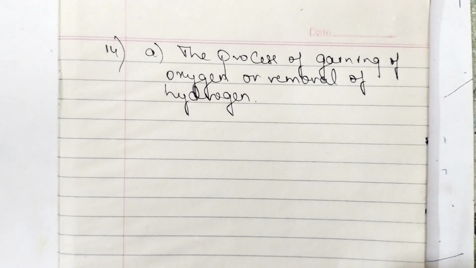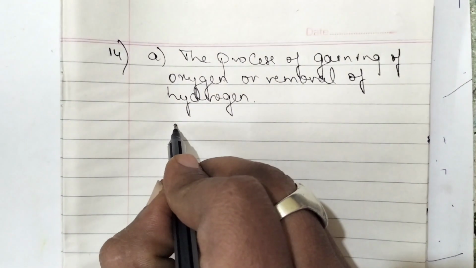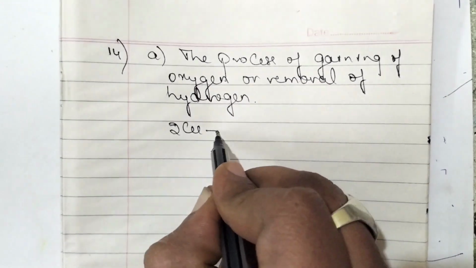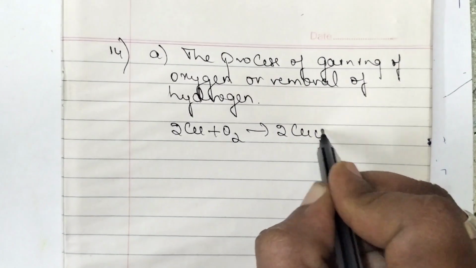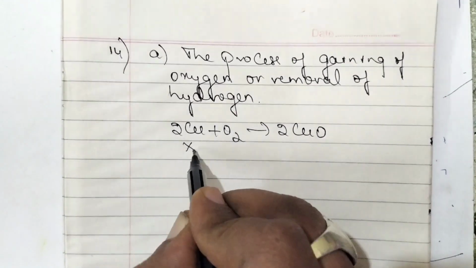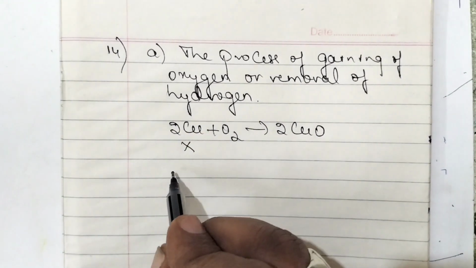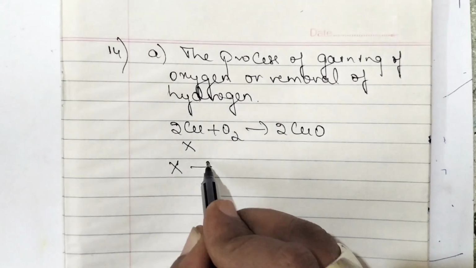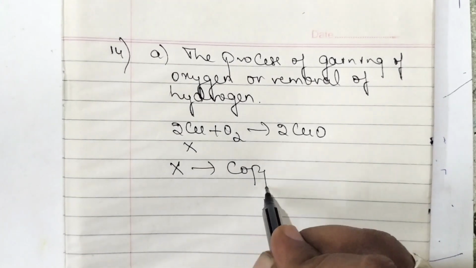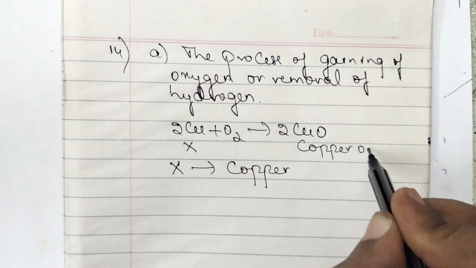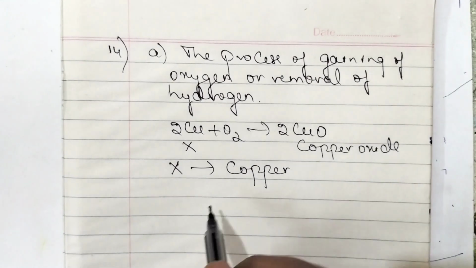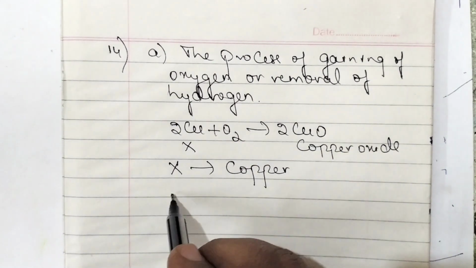Next, a shiny brown colored element X on heating in air becomes black, that is 2Cu plus O2 gives rise to 2CuO. This is the X element, a brownish shiny element. So here the X element is copper, and the product is copper oxide, and this copper oxide is black in color.